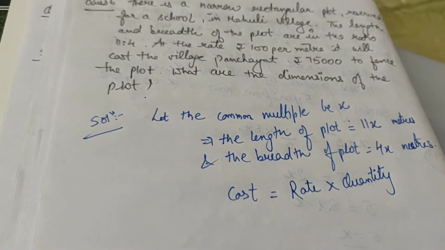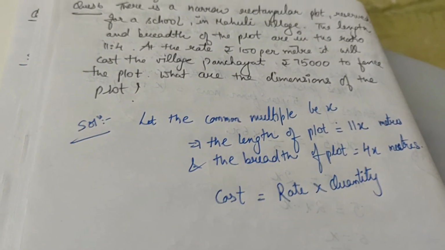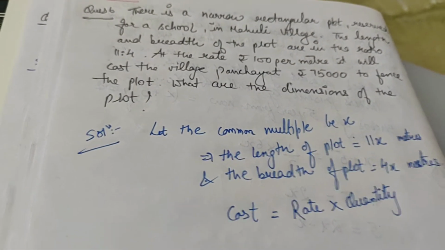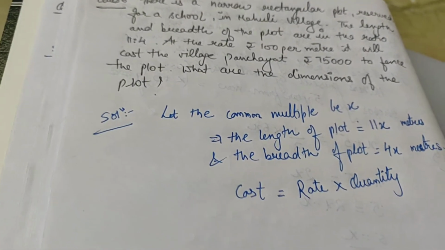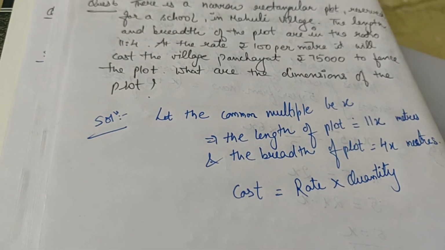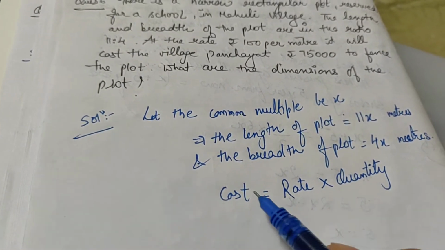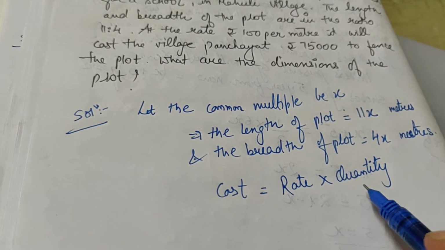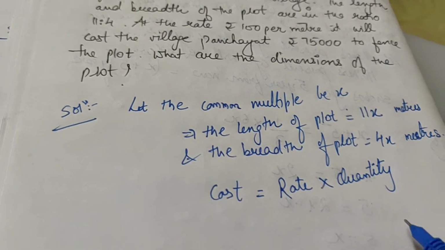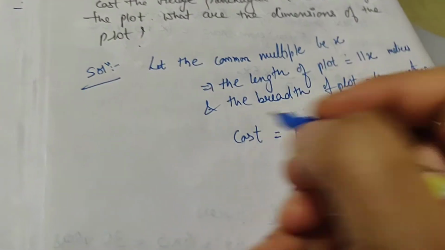Now, this quantity can be anything. This can be the area, this can be the number of pens, this can be the perimeter, this can be volume, it can be anything. It depends. But the scenario remains the same. Now, we have the cost of fencing, we have the rate of fencing. So, we can find out in how much length the fencing is done. That is the perimeter.